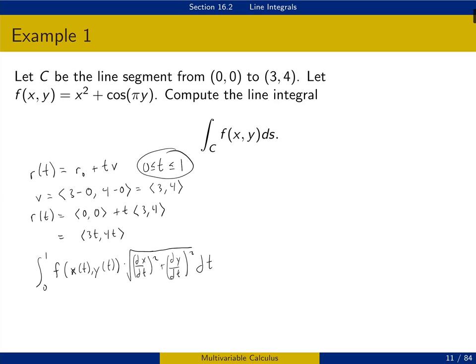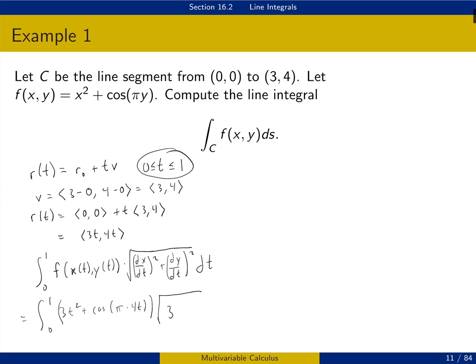So let's compute these things. Plugging in x(t) and y(t), that's just 3t and 4t, into the function, gives us (3t) squared plus cosine of pi times 4t. But this has to be multiplied by this square root. dx/dt is the derivative of 3t, which is just 3.